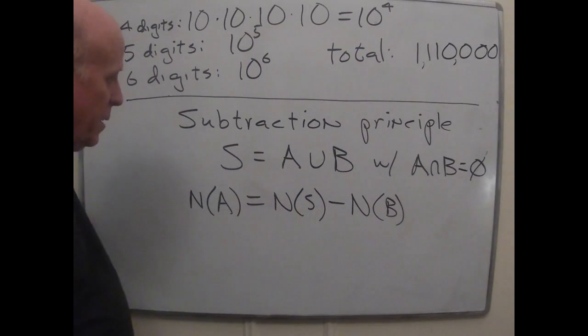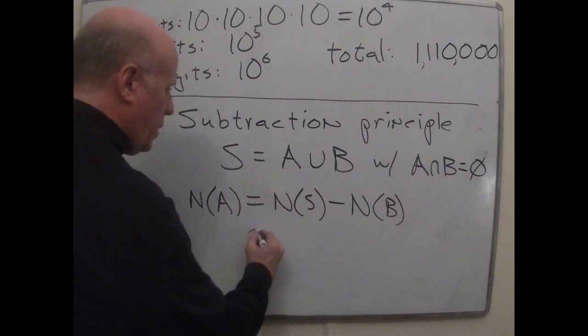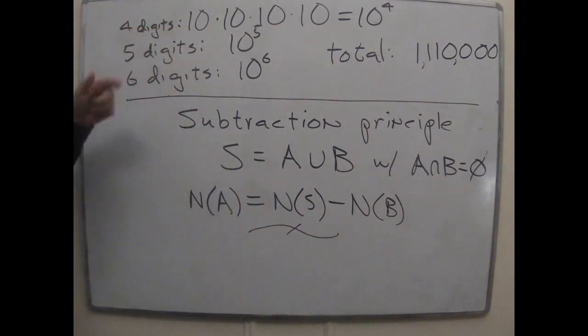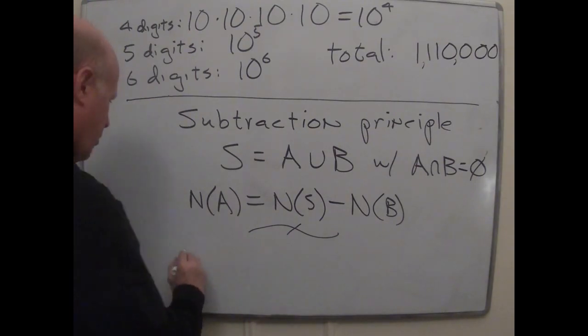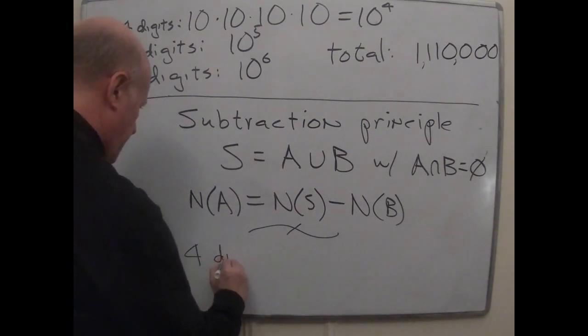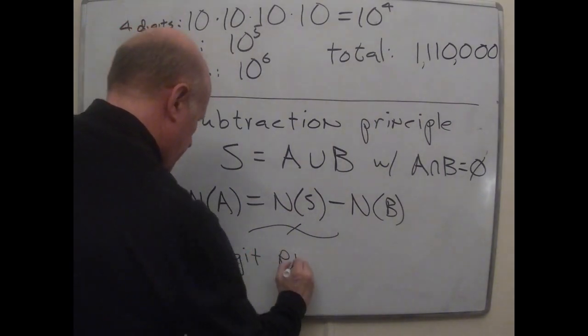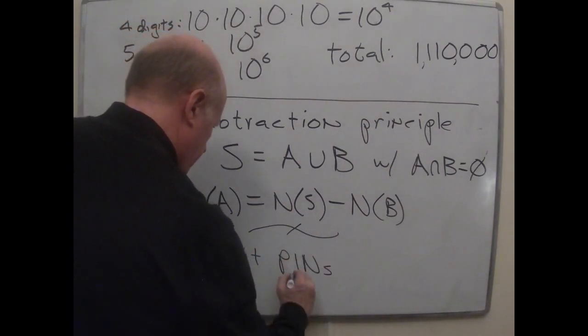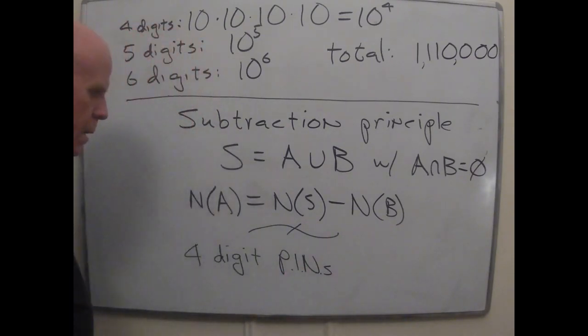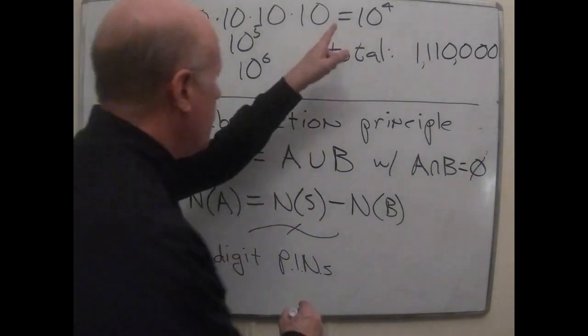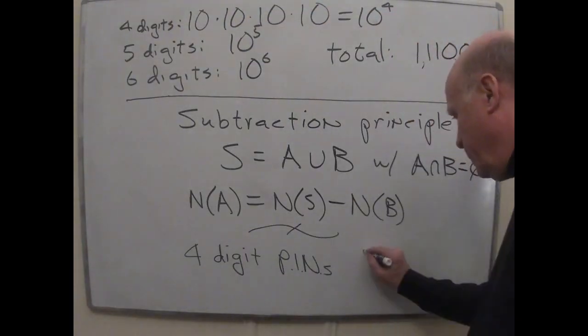An example of this would be in order. Let's go with pins again, but just 4-digit pins, because we know how many of them there are. We already did that. There's 10,000 total.